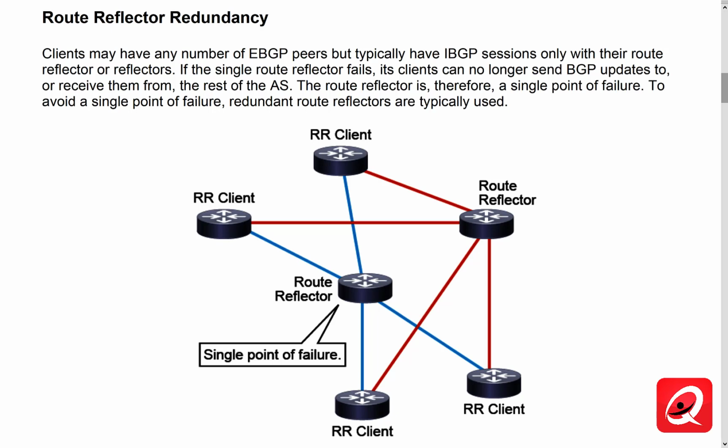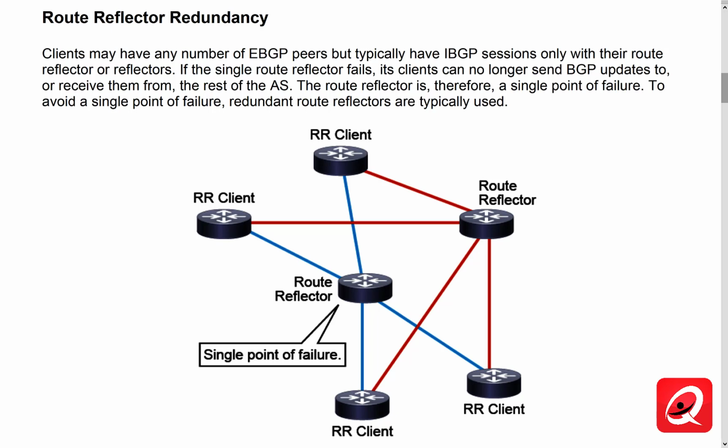So if you only deploy one single route reflector, obviously you would have a single point of failure, because the route reflector clients don't have any peering relationships with each other. They're only peering with the route reflector itself.